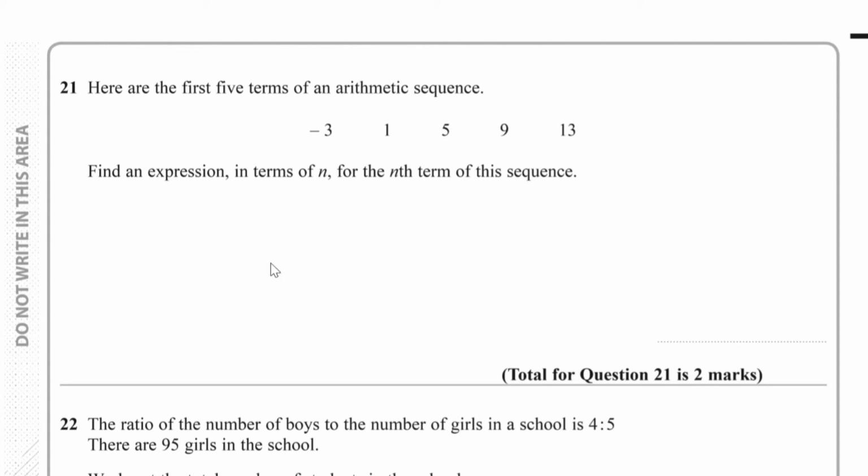Question number 21. Here are the first 5 terms of an arithmetic sequence. We have to find an expression in terms of n for the nth term. Well, the difference between each term will be the same. That is plus 4.